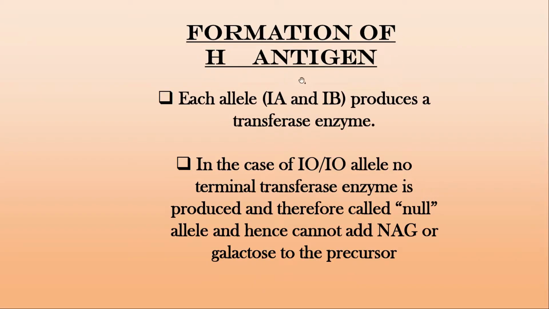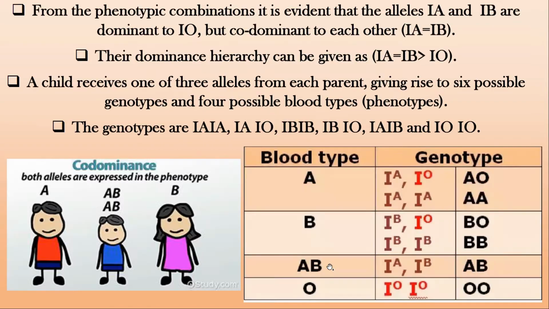So in the formation of H antigen, each allele IA and IB produces a transferase enzyme. In case of IO, that is no antigen, no terminal transferase enzyme is produced, and therefore it is said to be a null allele, and hence cannot add any NAG or galactose to the precursor.